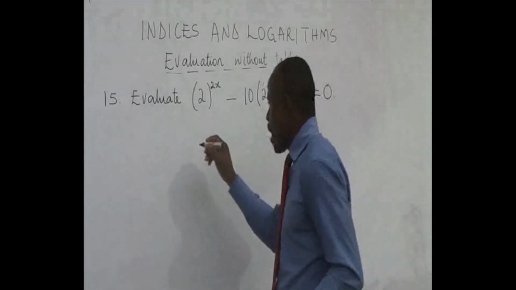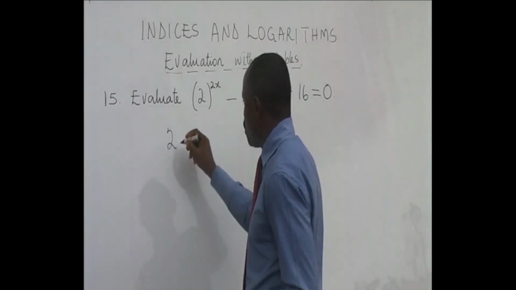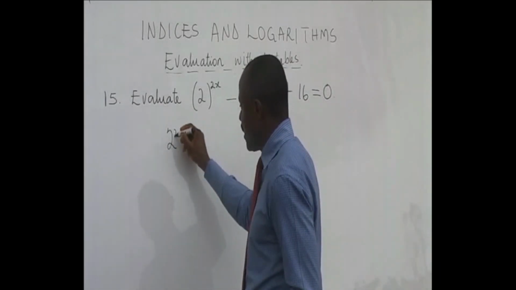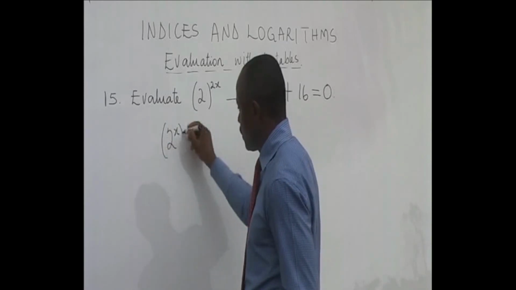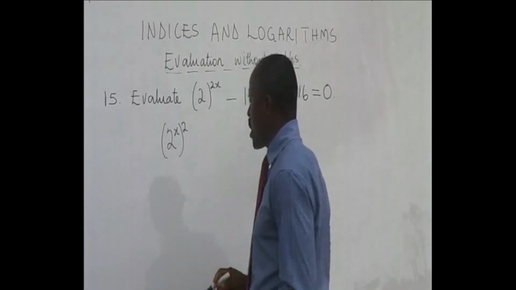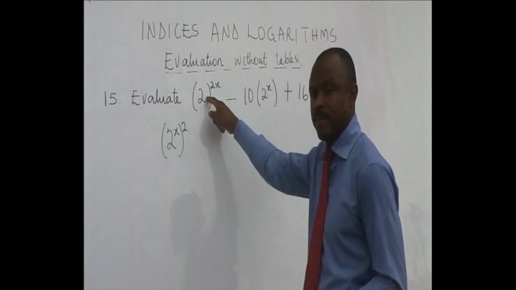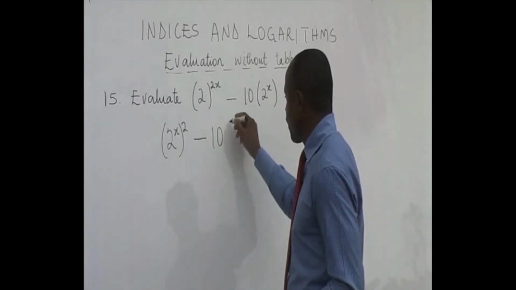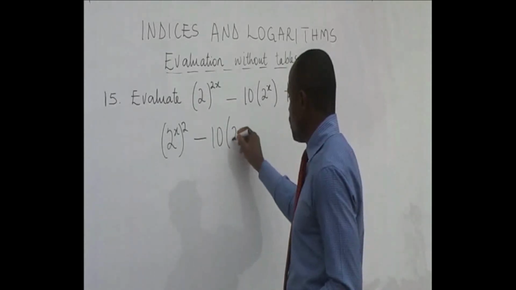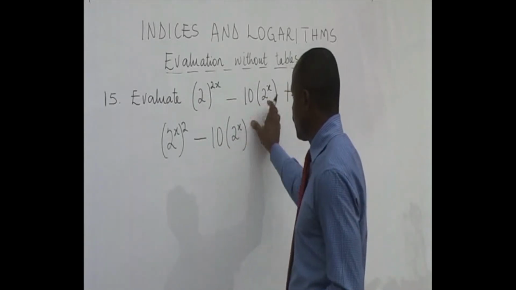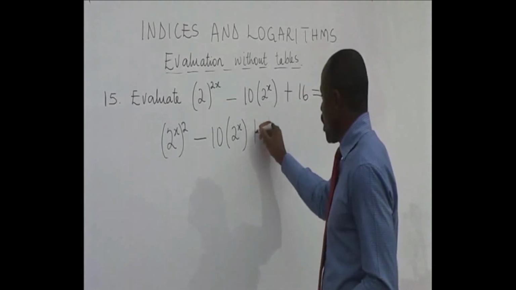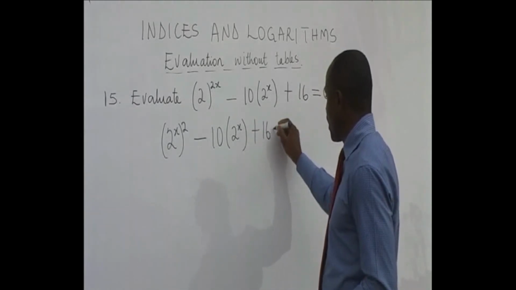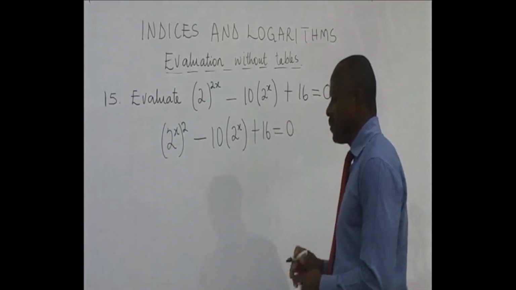So the expression becomes (2^x)^2. That's the meaning of this. Minus 10 into 2 exponent x, the one you have here, plus 16 is now equal to 0.